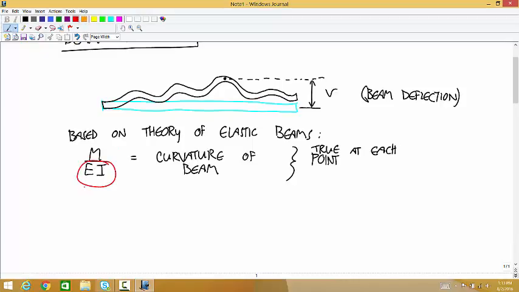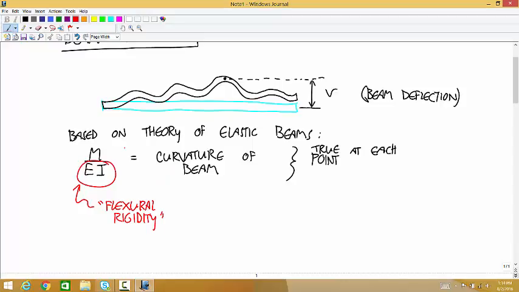This term, E times I, is called the flexural rigidity. And you can see just mathematically what this says is for a given bending moment, if you increase the flexural rigidity, there's less of a curvature in the beam caused by a bending moment.